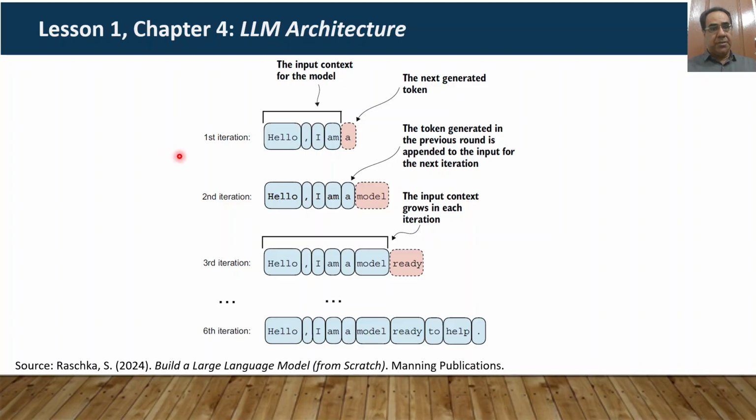As shown, the first iteration adds "a", the second adds "model", and the third adds "ready", progressively building the sentence.